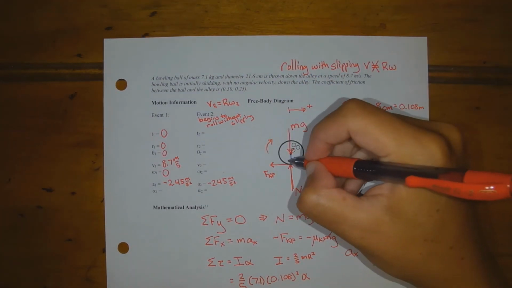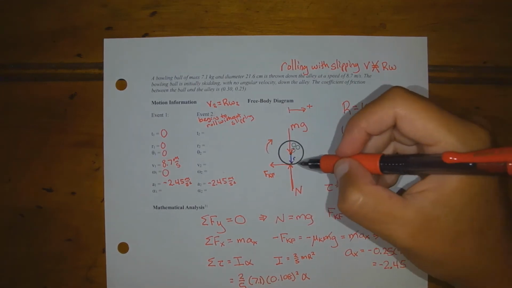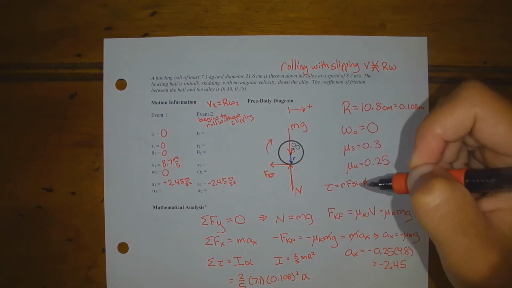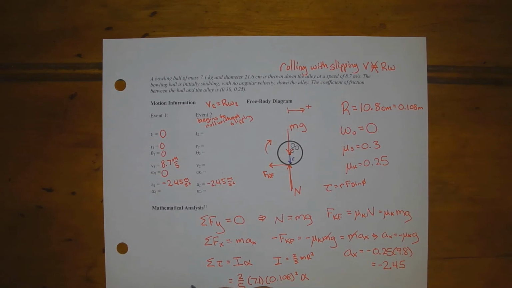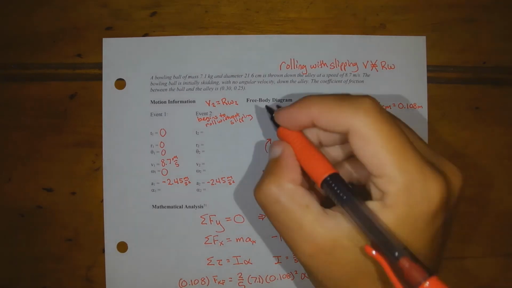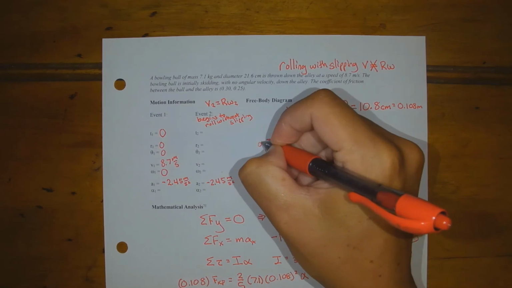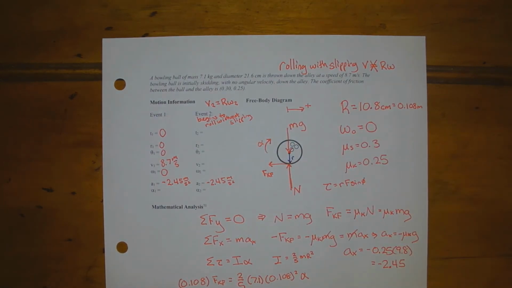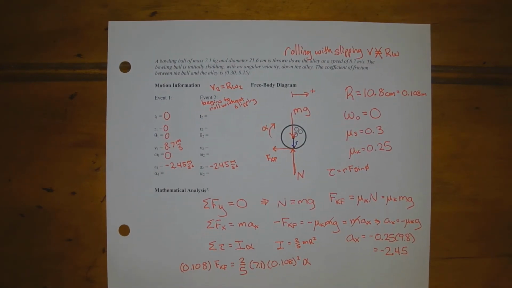And this angle is 90 degrees, so we have r, which is equal to 0.108, times the force of kinetic friction. And this is the direction of the angular acceleration, so I'm going to call that the positive direction for angular acceleration.